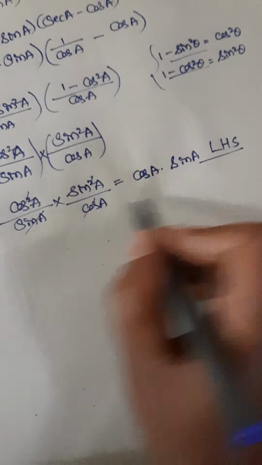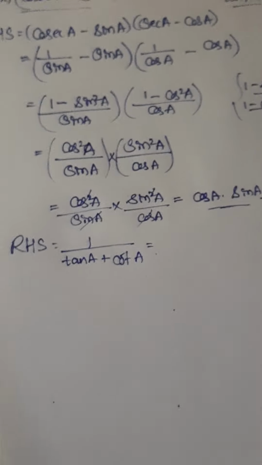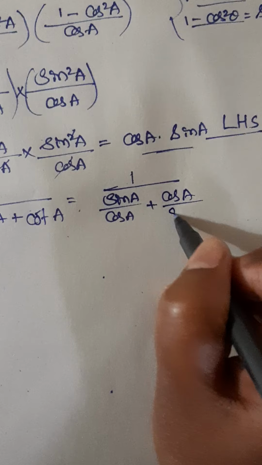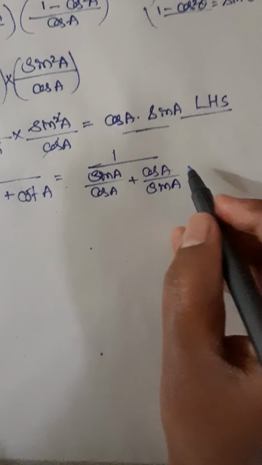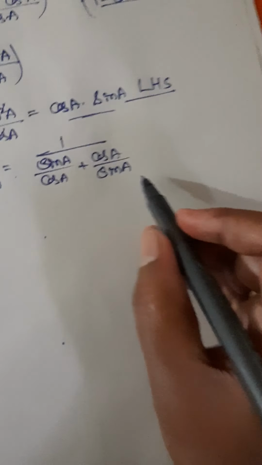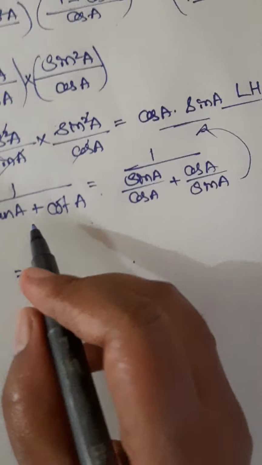In RHS, 1 by tan A plus cot A. For this tan and cot, we can also change them in the form of sin and cos. So that is 1 by sin A by cos A plus cos A by sin A. Now let's do the further calculation.